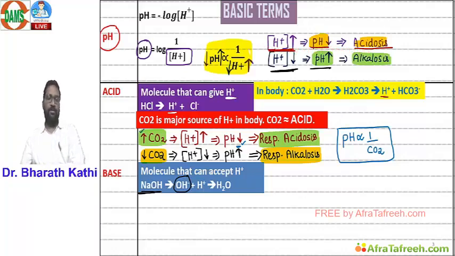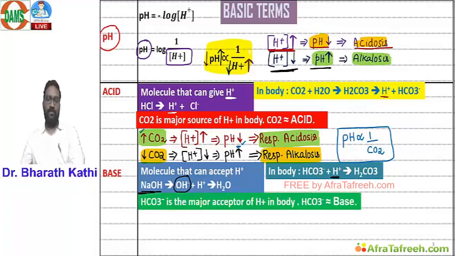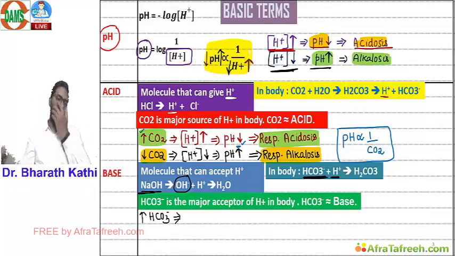But in your body, the most abundant base eating H plus is not OH minus, it is bicarbonate. Bicarbonate actively accepts H plus. That's why in your body bicarbonate is the base. Because of some disease, if bicarbonate increases, what will happen in this patient's body? Because there is a lot of bicarbonate, it will eat up all the free H plus.